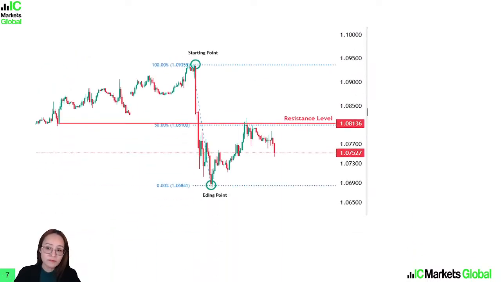So we identify this as a support level at 78.6%. But if Fibonacci is acting at a resistance level, your starting point is the swing high. For example, this is a swing high, and this is your swing low or recent low. The starting point is always 100%, and you pull from left to right, with the end point at 0. This is your resistance level, and it lines up with the 50% Fibonacci level, so it is acting as resistance.